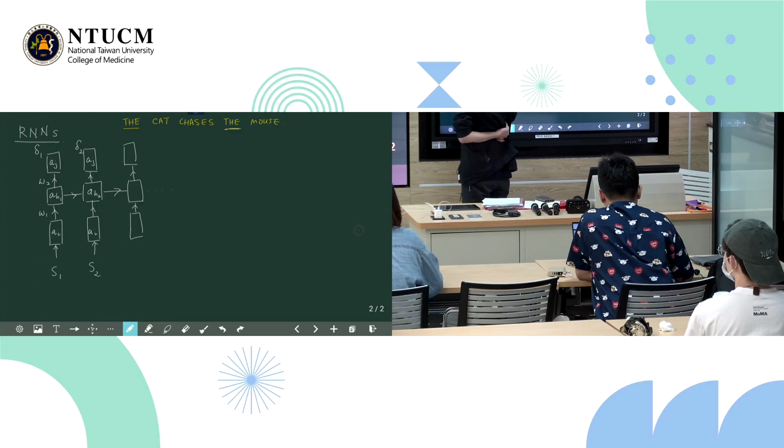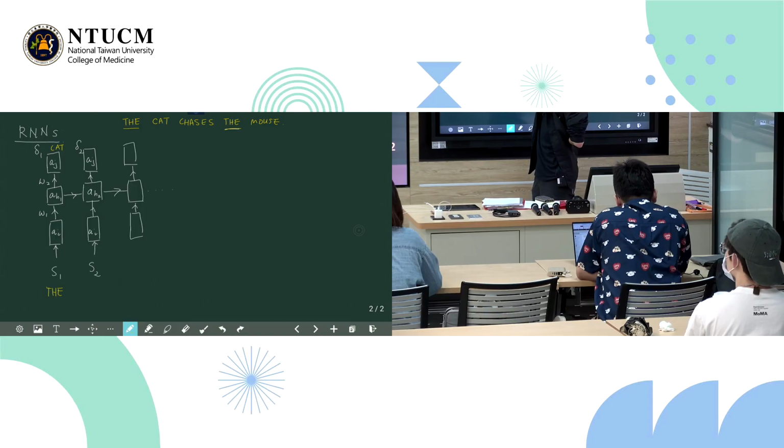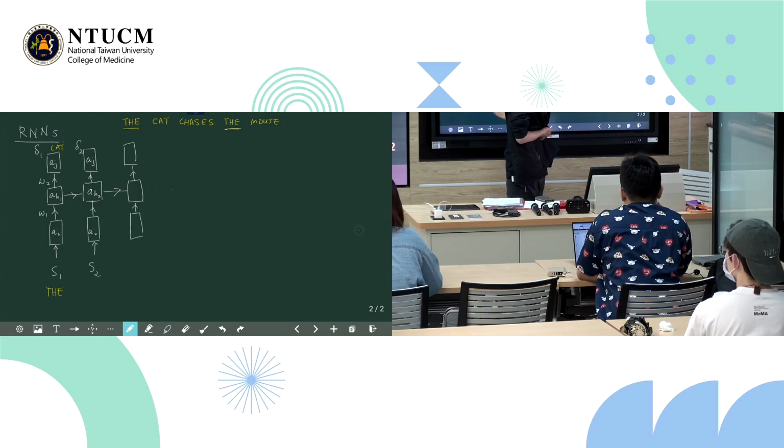So the idea is, if I have an input "the," I want it to output "cat," after I've trained it. Let's say I have a whole database and I keep training it. Then if I give it "cat," it should give "chases." And if I give "chases," it should give me "the."